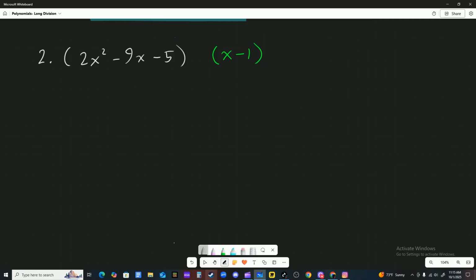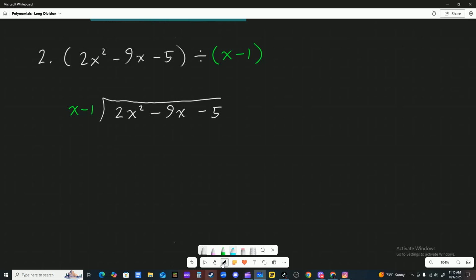All right, let's keep the operations white. So let's set it up as long division. x minus 1 divided into 2x squared minus 9x minus 5.